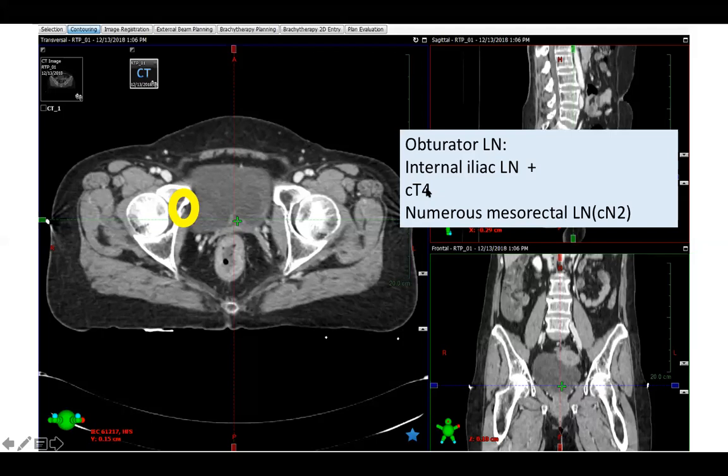So it's a T4 disease, or the internal iliac lymph nodes are positive, or there are multiple mesorectal lymph nodes. That means it is an advanced nodal stage and the propensity to spread is higher. So the first echelon for that will become the internal iliac, and therefore it is better to include the obturator in such cases to get adequate local control.